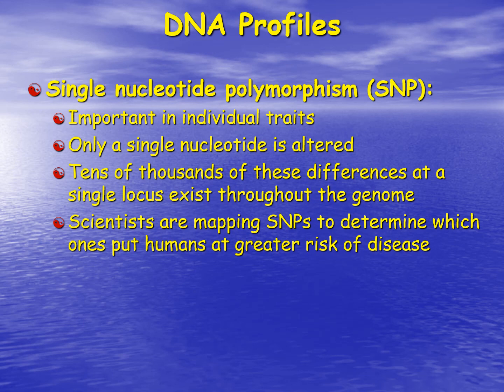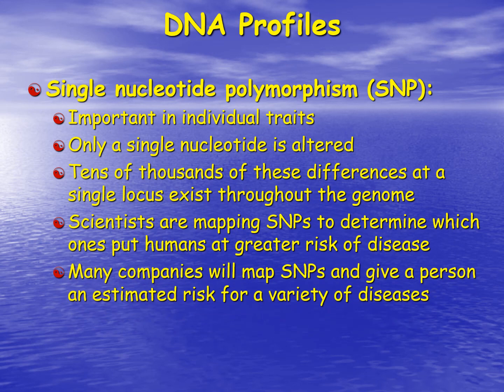So, for example, in our current coronavirus outbreak, it has been shown that some people are simply immune to coronaviruses. Is this due to the fact that they have SNPs within their genome that put them at less risk of contracting coronaviruses? That's a question we need to answer. Many companies will map SNPs and give people an estimated risk for a variety of diseases based upon their single nucleotide polymorphisms.